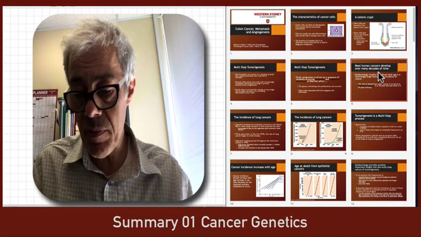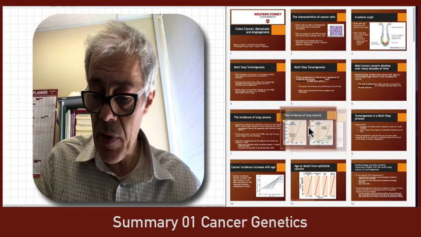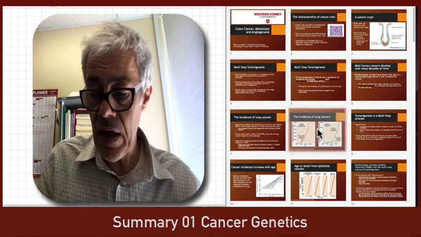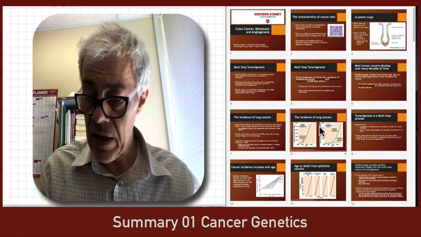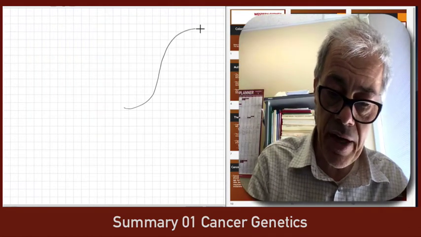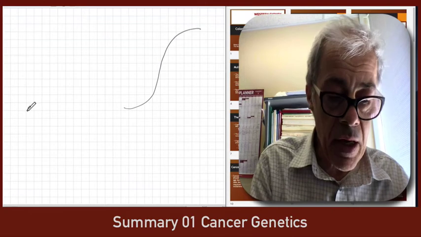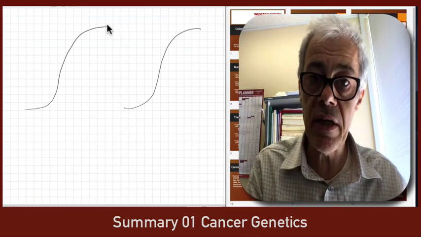So we looked at some statistics and some epidemiology of cancers, and we looked at the incidence of lung cancer. We were noticing that you've got the occurrence of lung cancer over a period of time, and you can match that to the increase or uptake in smoking.